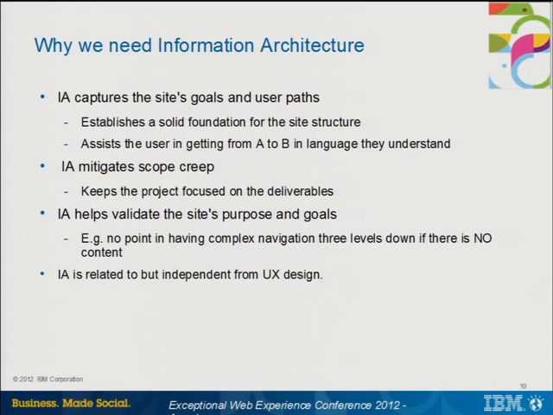Also, validating the site's purpose and goals, right? If you look at the old school corporate taxonomy people, does anybody do taxonomy as a living? Before I start, no? Okay, good. So you used to get corporate taxonomy guys come in and say, you need a corporate taxonomy of 20,000 terms, right? And they'd go, that's great, let's get 20,000 terms in our corporate taxonomy.